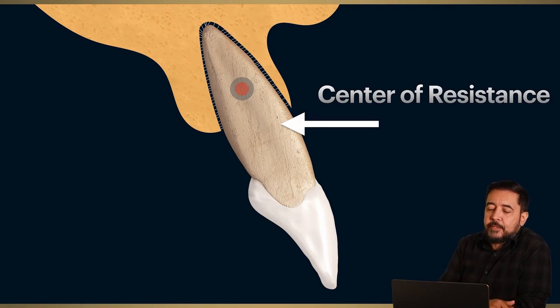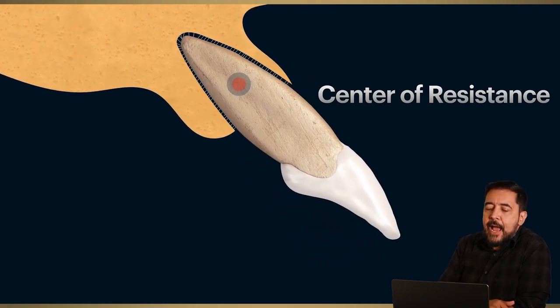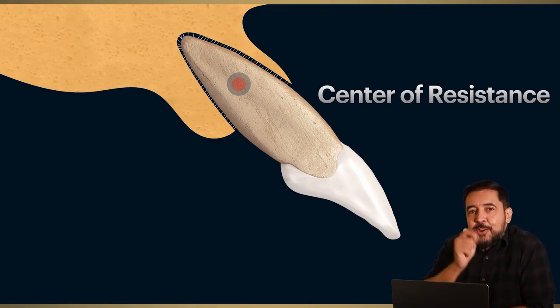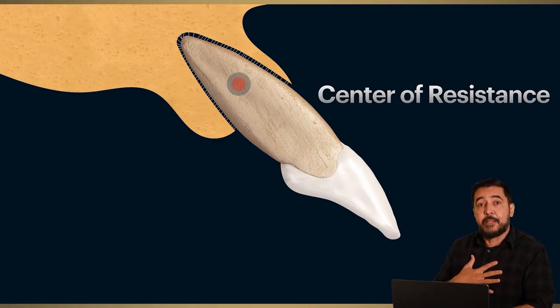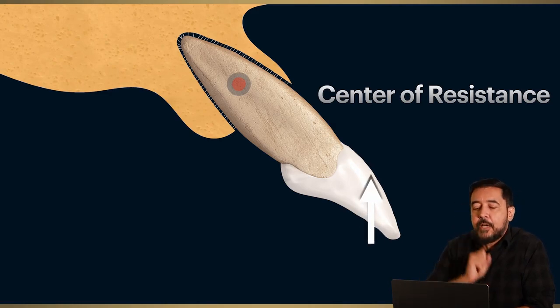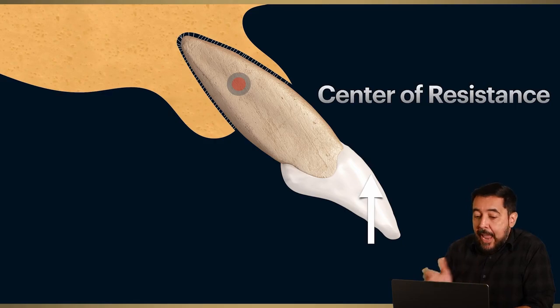So here we have this different condition, and I need to calculate, all the time, the center of resistance related to the line of action of the force I'm applying in all the movements in a three-dimensional view. For example, I'm applying this force upwards here.